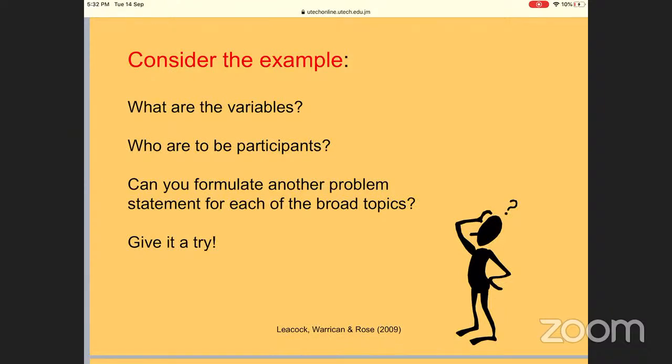It didn't have to be online. I actually said it was online or face-to-face, but if it was COVID, we would obviously be doing it online, but I said where? What is the setting of the study? The location? Jamaica. Yeah, go back and look at the slide. University. Yeah, university. So who are the participants?